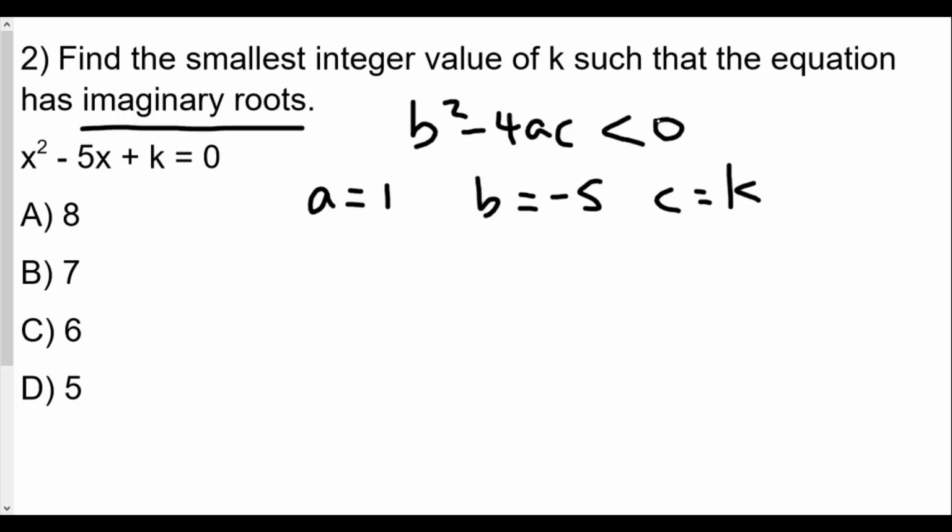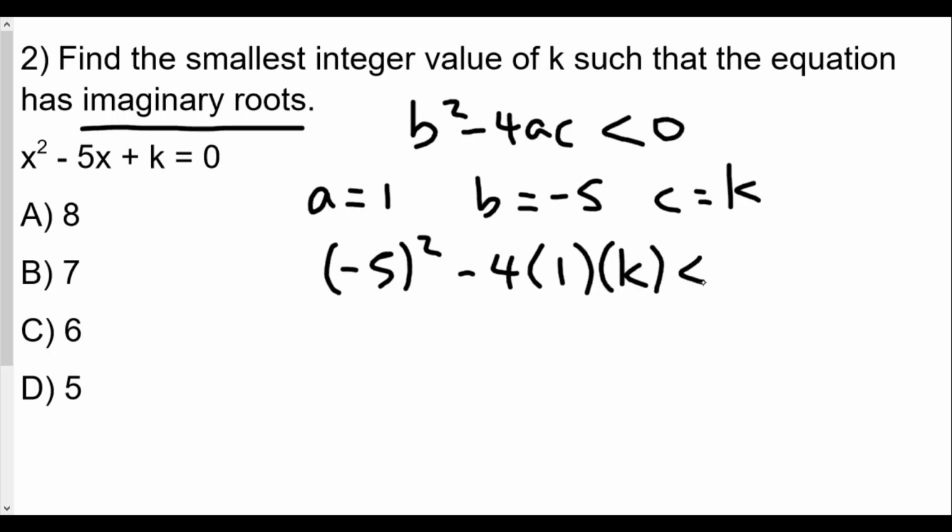Okay? So our inequality is negative 5 squared minus 4 times 1 times k must be less than 0. So we have 25 minus 4k is less than 0. At this point, we don't need to solve for k. We can start plugging in our choices.